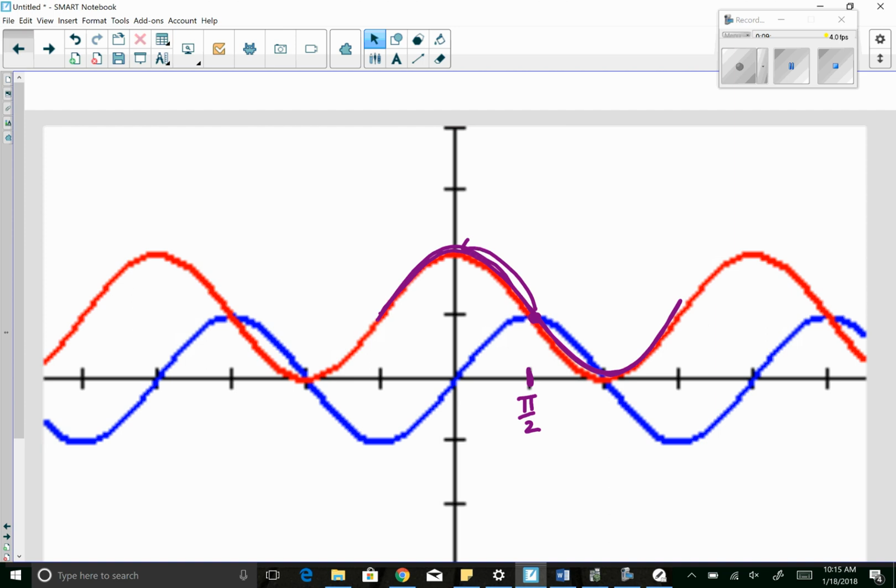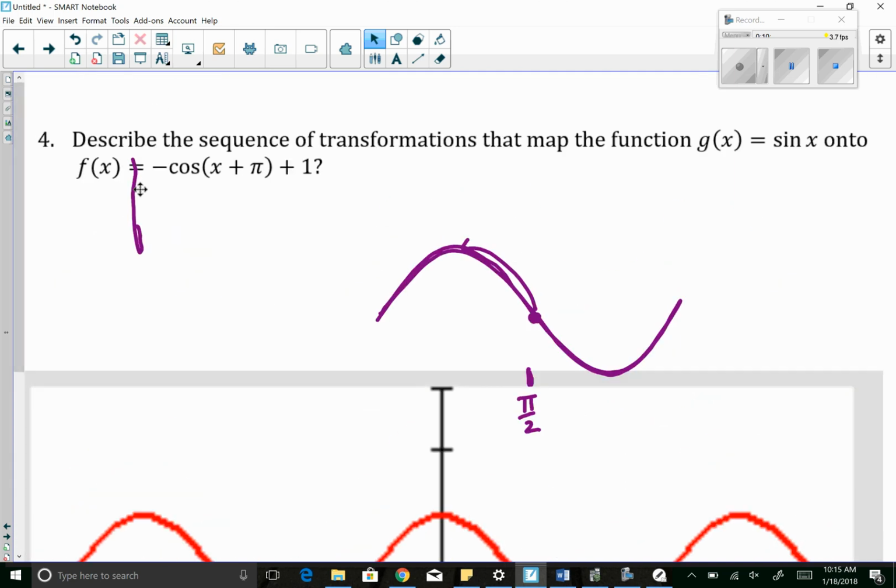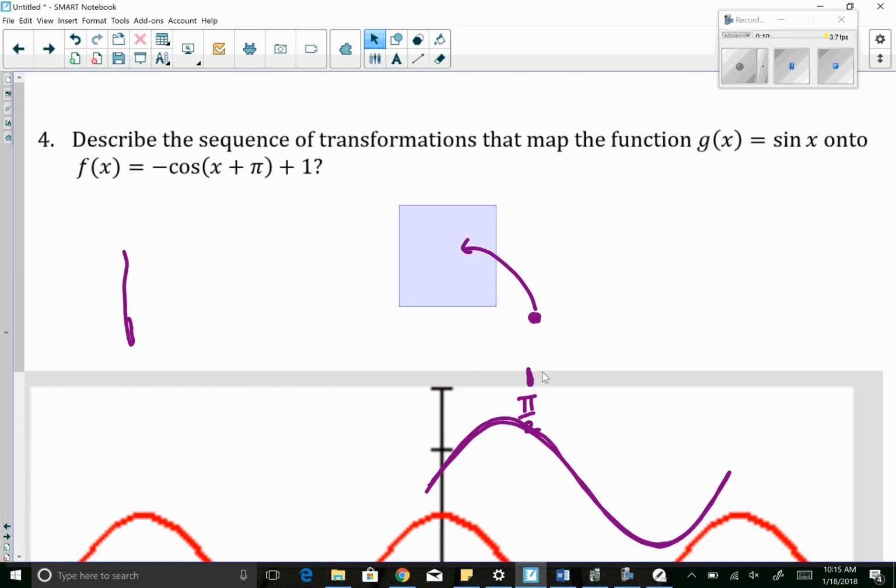So what do I have to do here for this to work? I really jacked this up. Hold on, let's move all this out of the way. Okay. Describe a sequence of transformations that would map this graph onto the other one. Well, we kind of just said that.